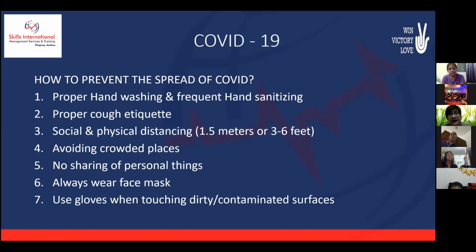Proper cough etiquette. So again, itong respiratory and cough etiquette, sundin natin ito. Practice natin ito whenever we cough or sneeze. Social and physical distancing of 1 to 5 or 3 to 6. Avoid crowded places. No sharing of personal things.